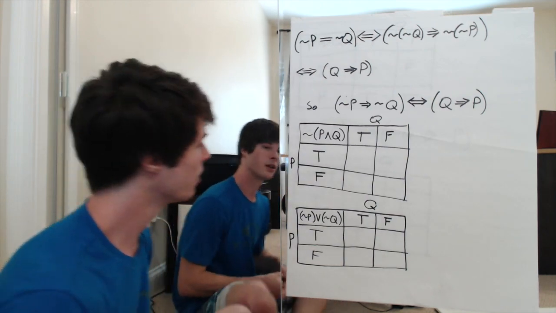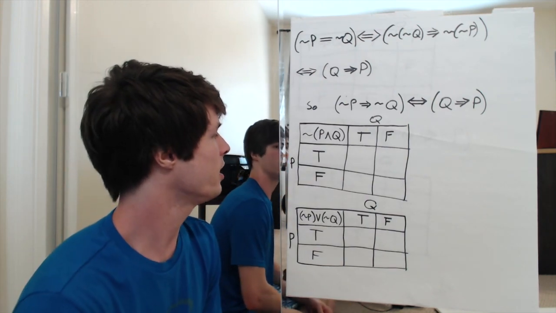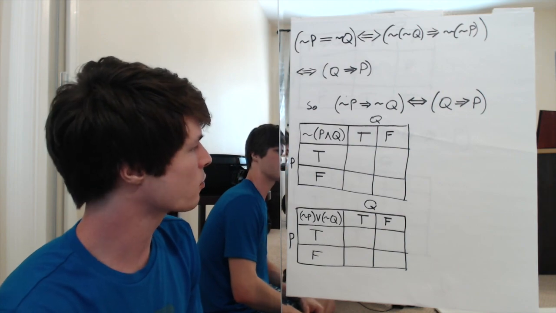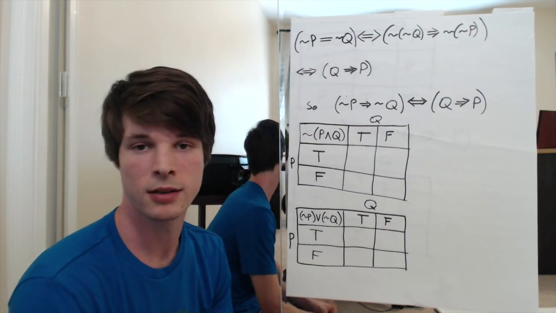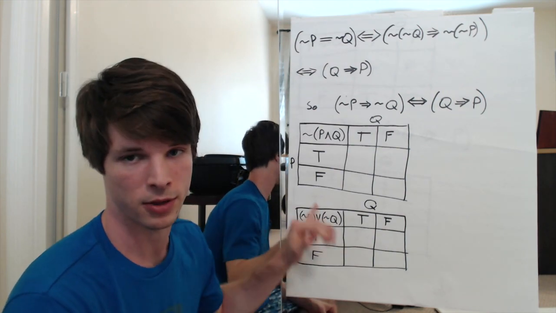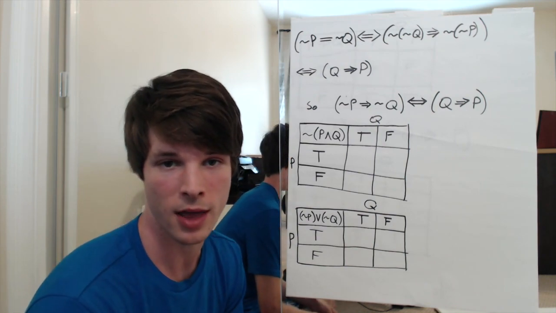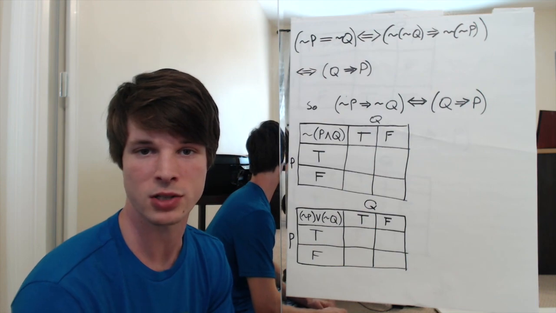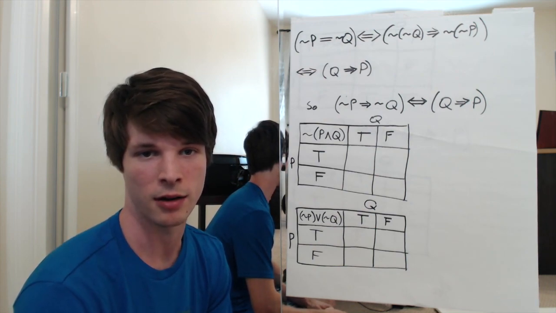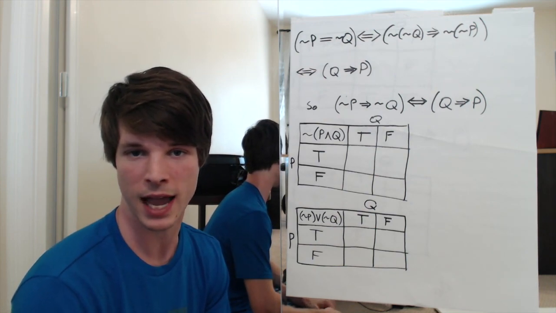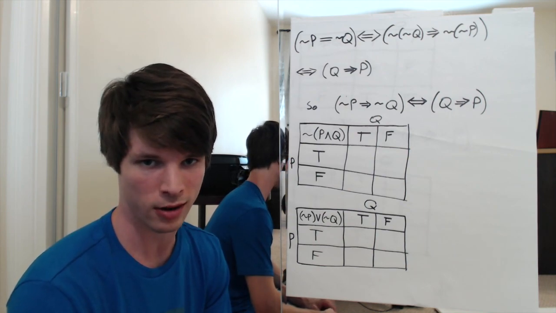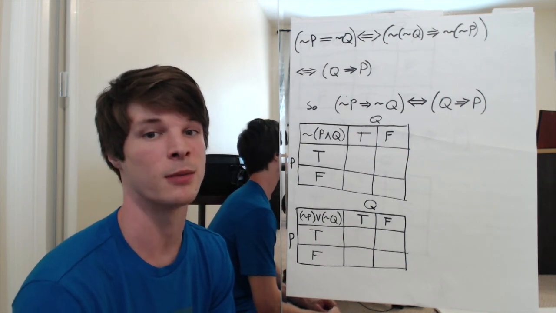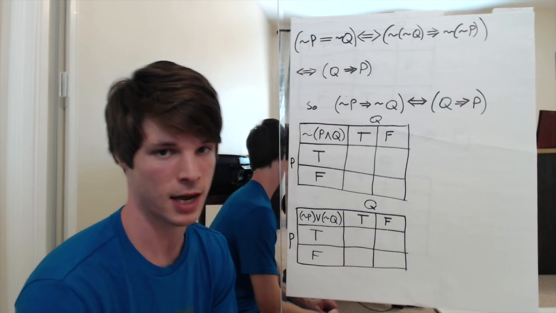So anyway, filling in this table, I'm trying to take the not of an and statement. I'm starting with the top one. And we'll have to remember that an and statement is the most exclusive sort of statement between the ands and ors. An and statement is almost always wrong, because for an and statement to be right, both things have to be true.